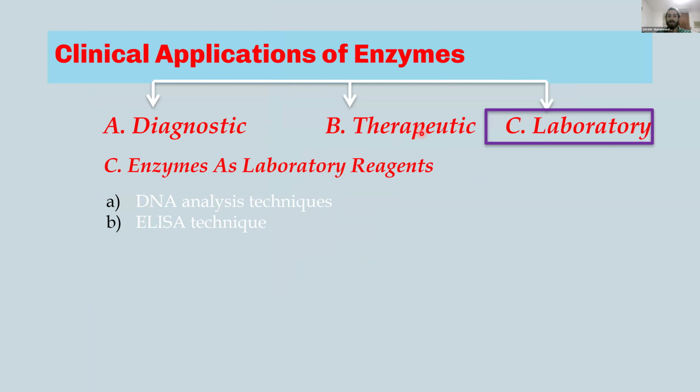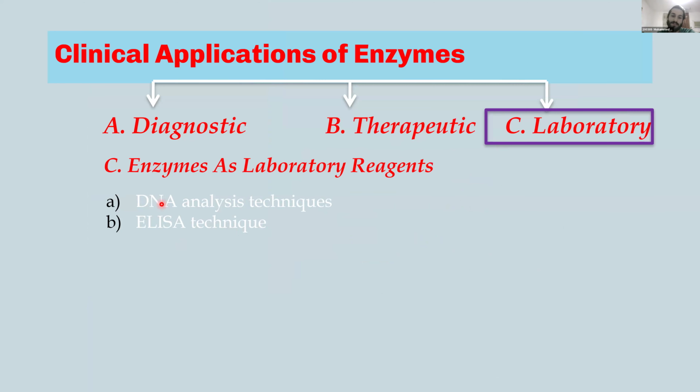Let's go into the third application of enzymes, which is in terms of laboratory use. I'm not sure if you took this in MOL 1, how you do ELISA, how you do DNA extraction, how you do Western blot.